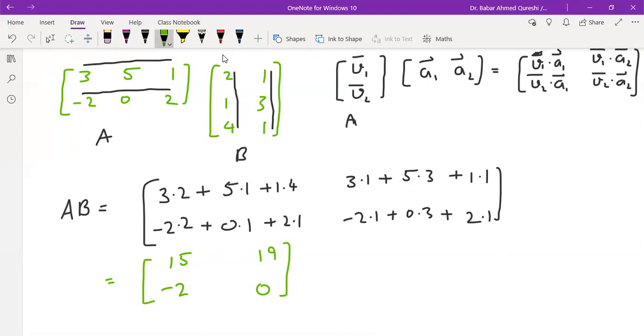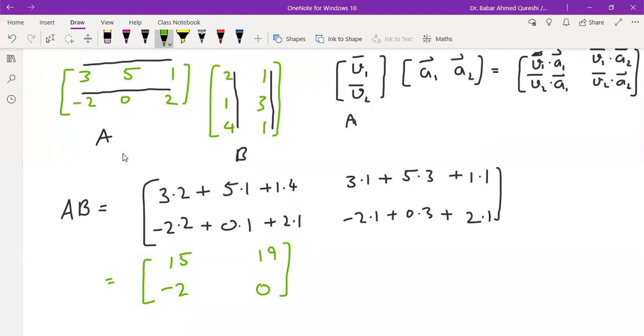Sir, shouldn't the second row first entry be 4 plus 4? You're multiplying 2 by 4, right? Which one? Where? Oh, yeah, this one is. No. You're taking this. Third one. You're multiplying positive 2 with 4, right? 2 with 4. Yeah, this is. So 3 with 2, 5 with 1, 1 with 4.